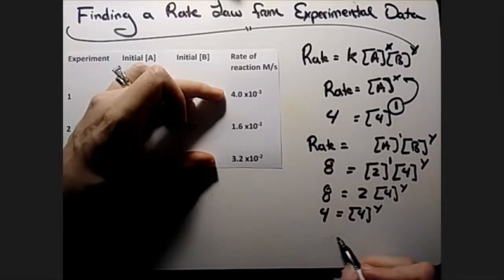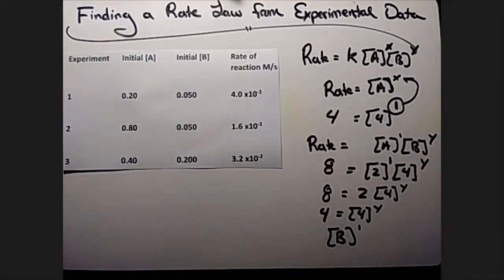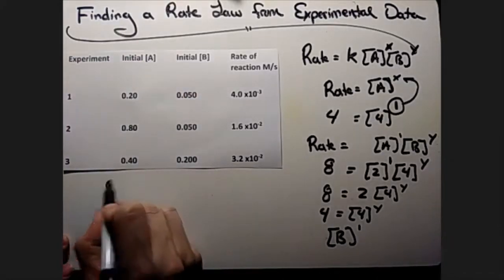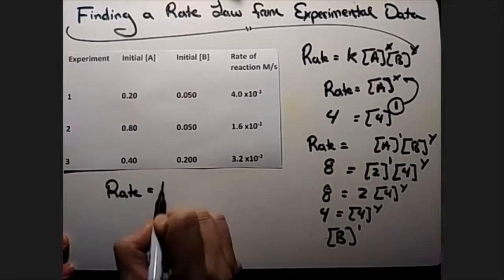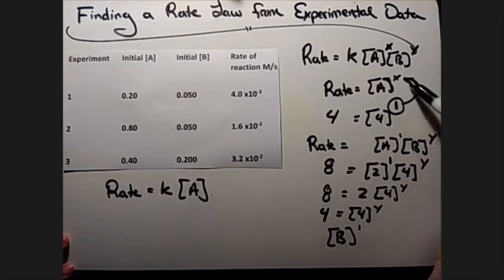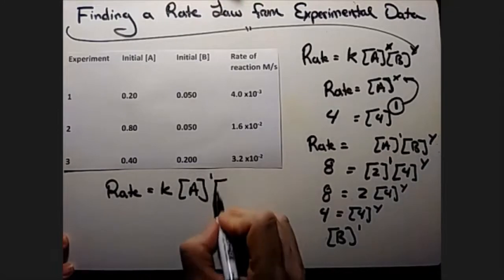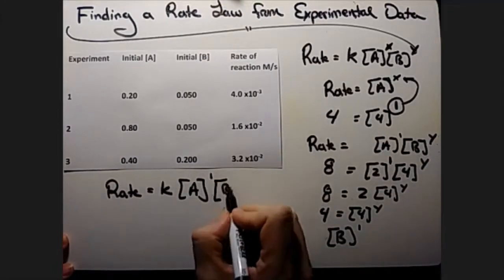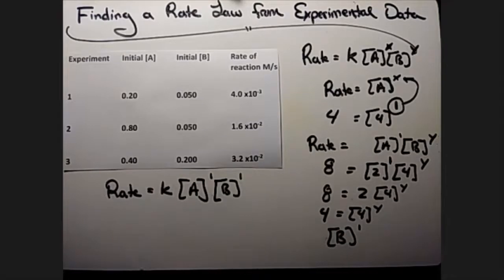So the order with respect to B must also be first. Now we can write our overall rate law. So rate must equal K times the concentration of A, and we previously established that that's going to be to the first, times the concentration of B. That's also going to be to the first.